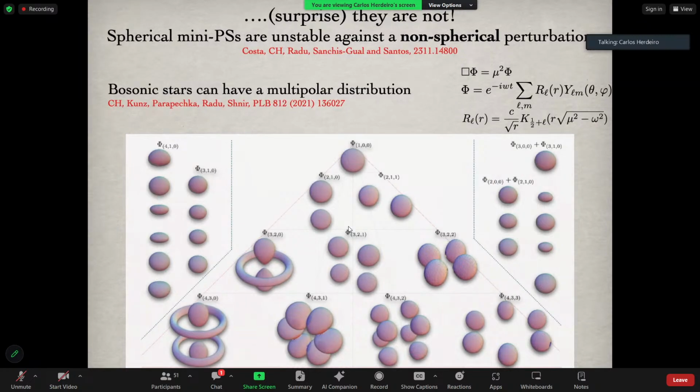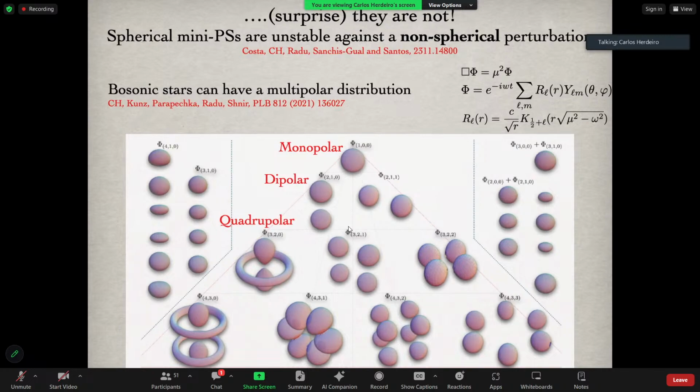So these here are the monopolar stars, these are the dipolar, these are the quadrupolar, and so on. And there is a clear hydrogen orbitals-like morphology.